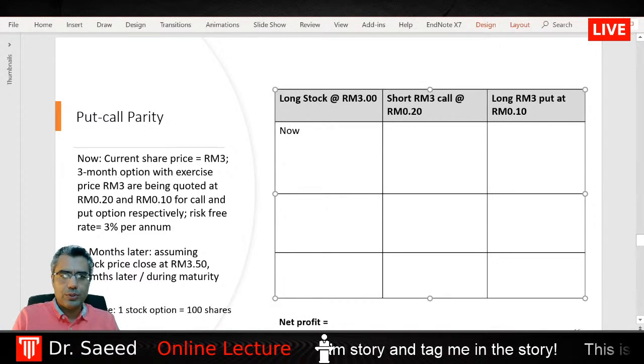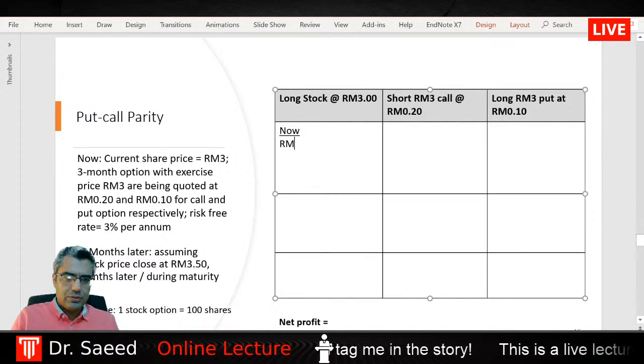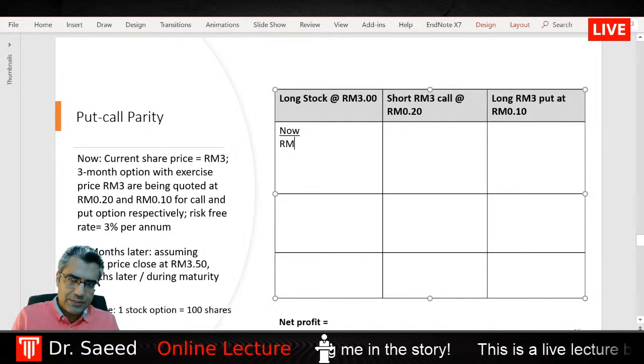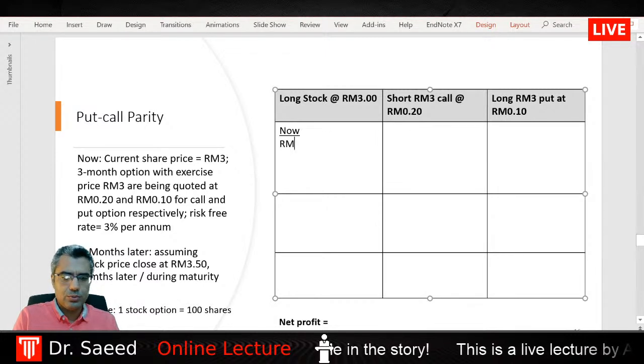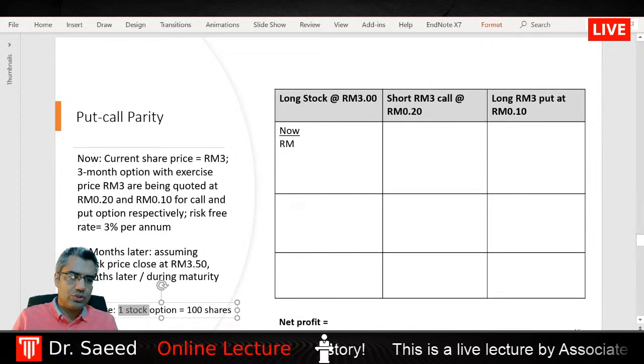So now what you do is you long stock today. What's the price now? The price is 3 ringgit. Let's say you use a lot here. Okay, look at this one stock option.